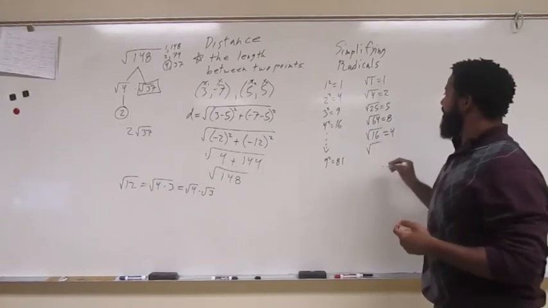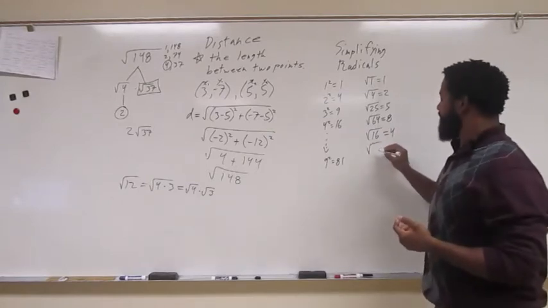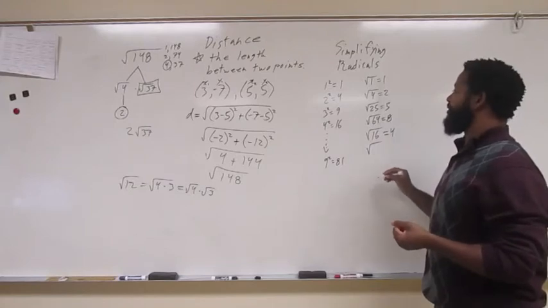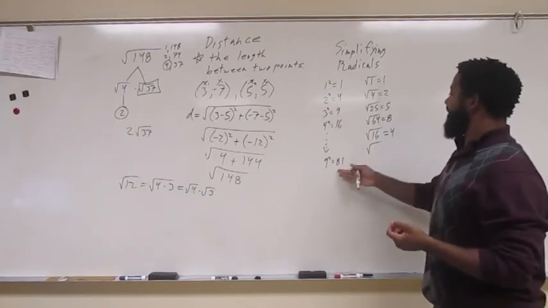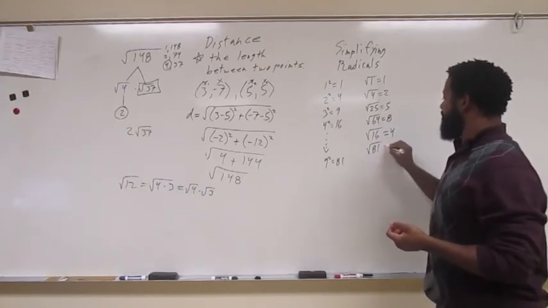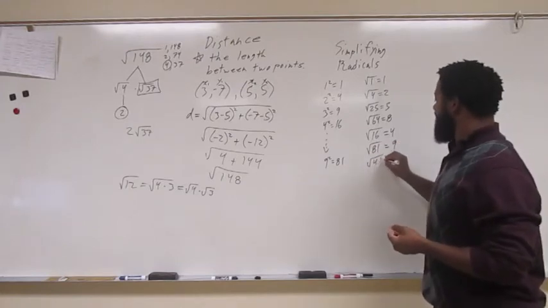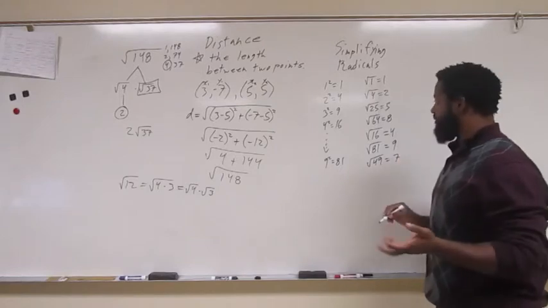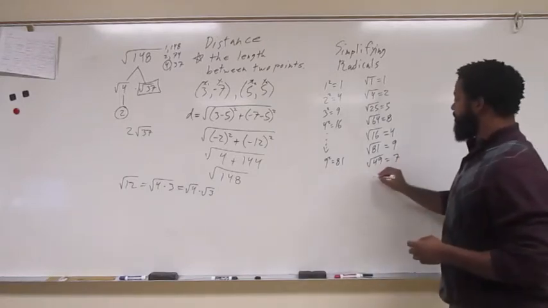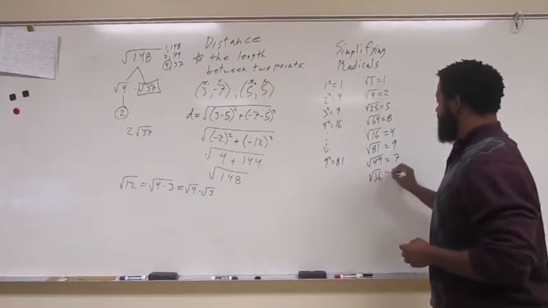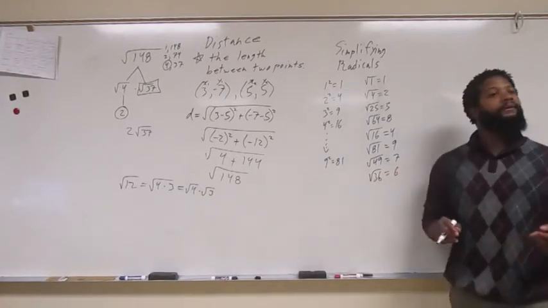Square root of 81 is 9. Square root of 49 is 7. Square root of 36 is equal to 6.